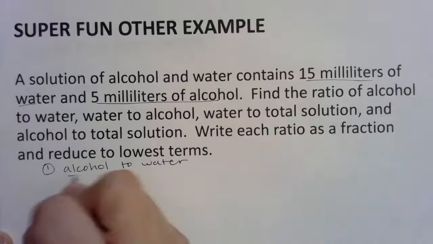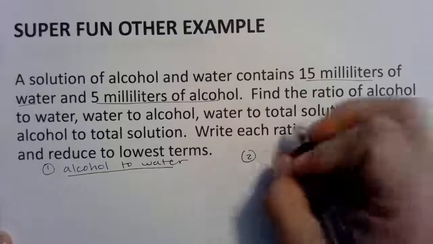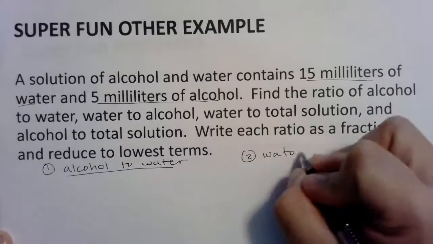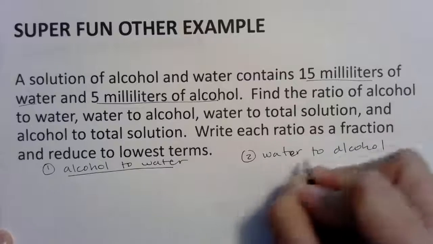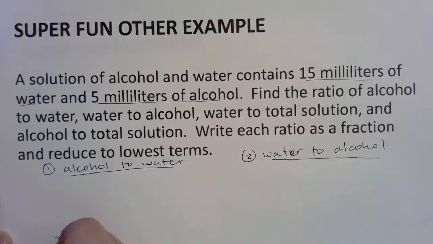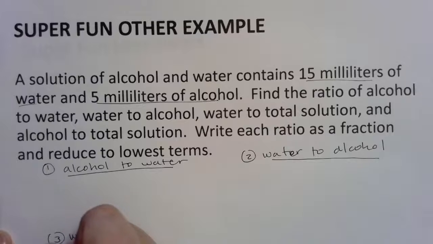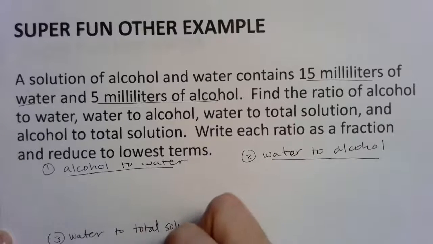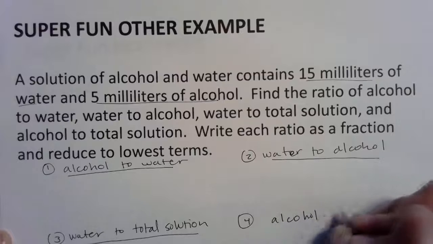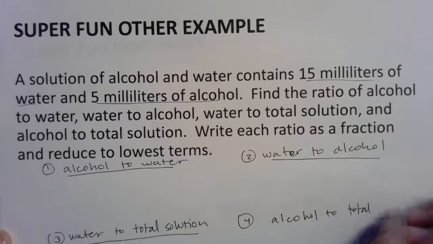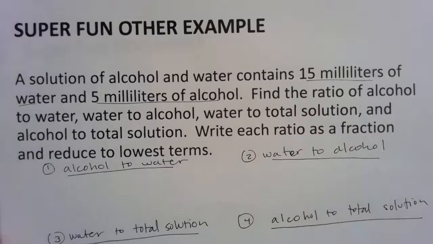Then it wants the ratio of water to alcohol, then water to total solution, and then alcohol to total solution. So this question actually has 4 things. It's asking for 4 things at once.